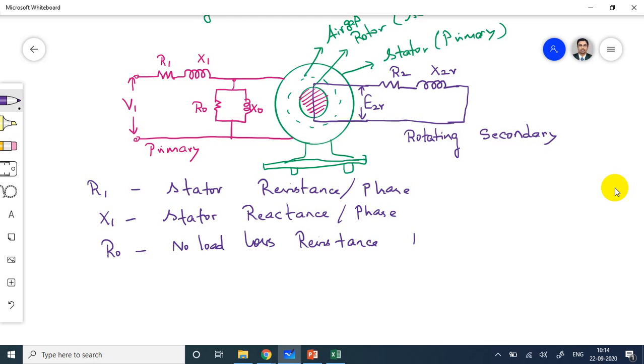The formula for R naught equals V1 by IC, because the current flowing in R naught is IC.